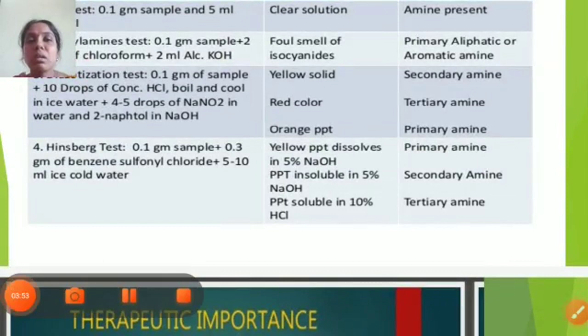Another reaction: aniline reacts with acetic anhydride, (CH3CO)2O, also written as Ac2O.